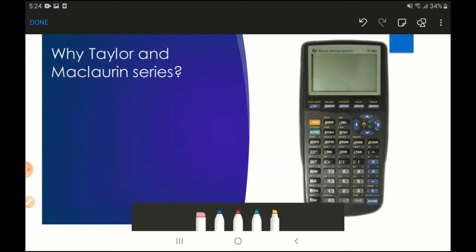Have you ever wondered what happens inside our calculator when we type, for example, sine of 10 degrees? It's quite impossible for a calculator to generate a right triangle of 10 degrees and derive the ratio between the opposite side and the hypotenuse to get the result.